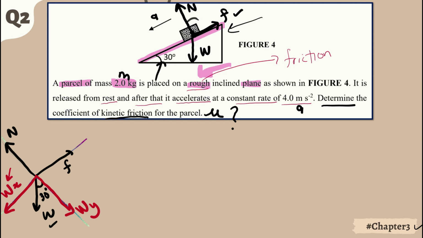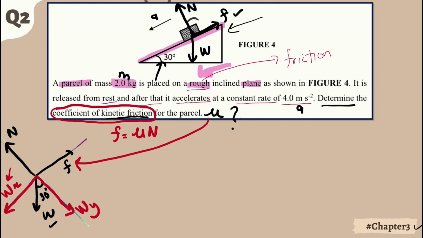Now we want to find the coefficient of kinetic friction, and we can get this from the equation of friction, that is F is equal to mu N, meaning that we are going to solve this question using the x-axis because our friction is in the x-axis. So we start by writing the equation in the x-axis.